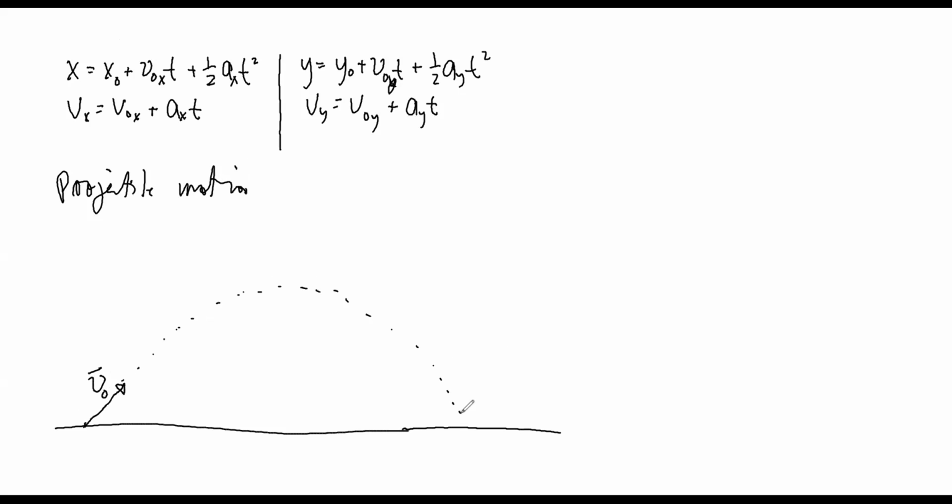This is a projectile. And for this motion, as will become clear later when you study dynamics, the acceleration in the x direction is 0. The acceleration in the y direction is minus the acceleration of gravity, minus 9.8 meters per second squared.